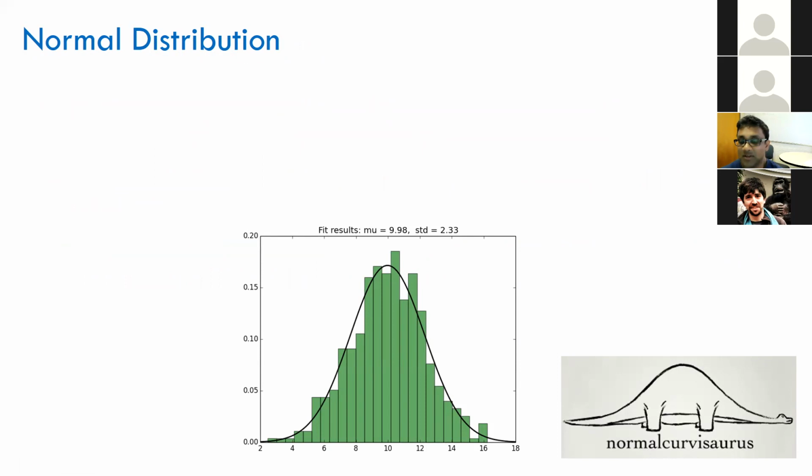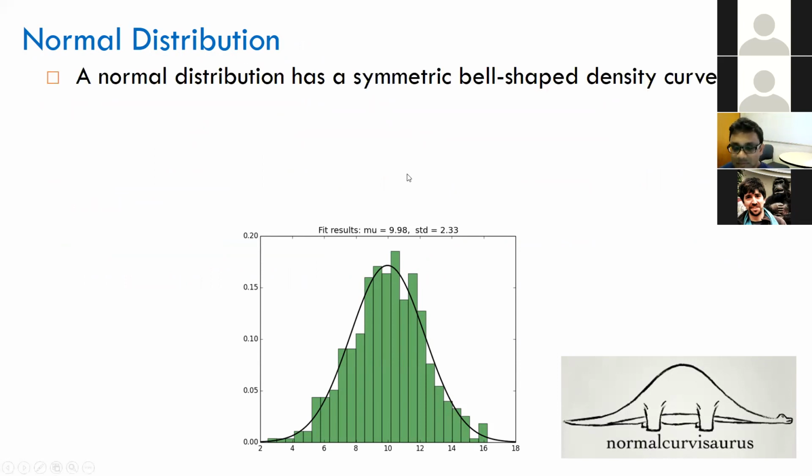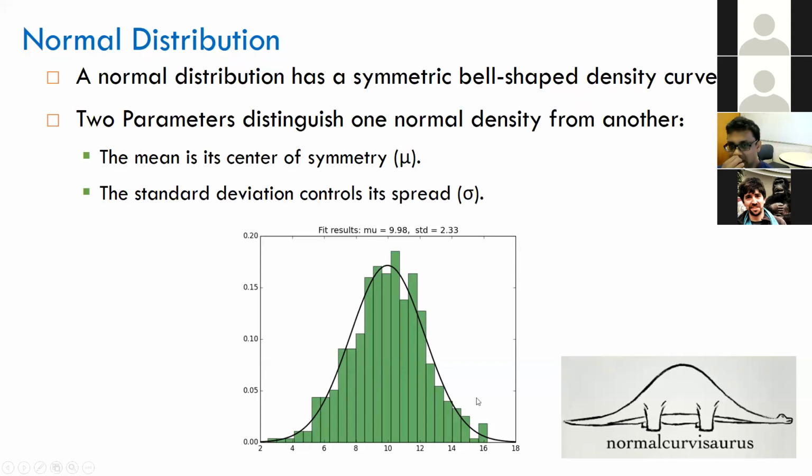The one important thing is the normal distribution. What is that? Are there any abnormal distributions? Yes, you already learned about abnormal distributions, which are left skewed or right skewed. And this one is the normal distribution. Normal distribution means the bell-shaped density curve. So it's a bell-shaped one. You will see that. Based on that, there are two main parameters in a normal density curve.